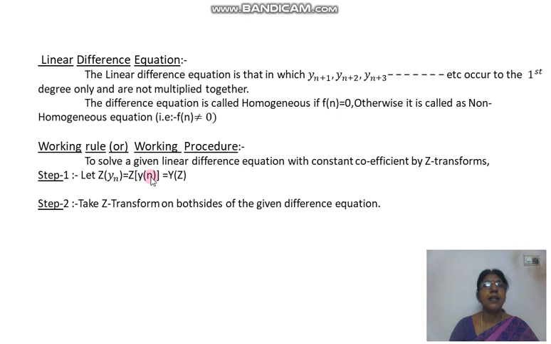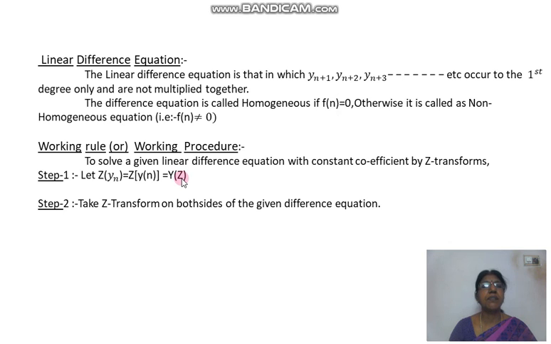Only for difference equations, in place of f you take y of n. Simply we write Z transform of y of n as y of z.